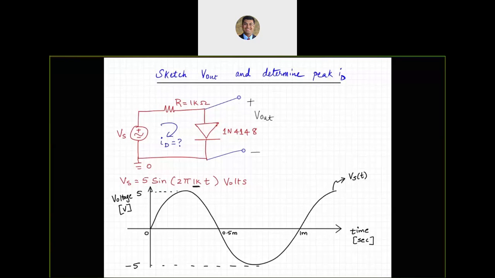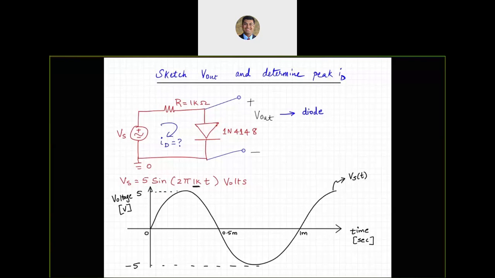Well, the property of V out is this. Let me draw V out in blue, for example. V out is the voltage across the diode. So as I increase the voltage, it is going to start increasing: 0, 0.1, 0.2, and so on. But beyond 0.7, it cannot go.